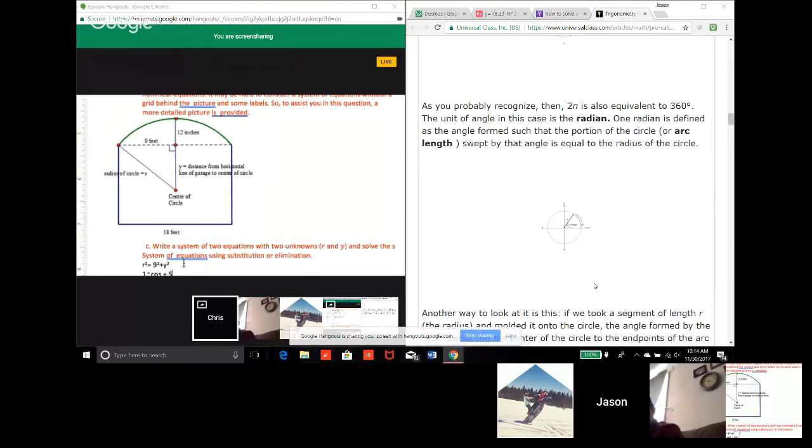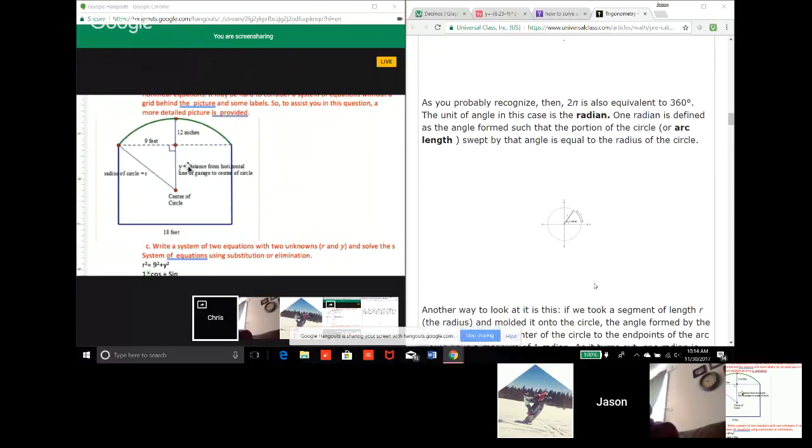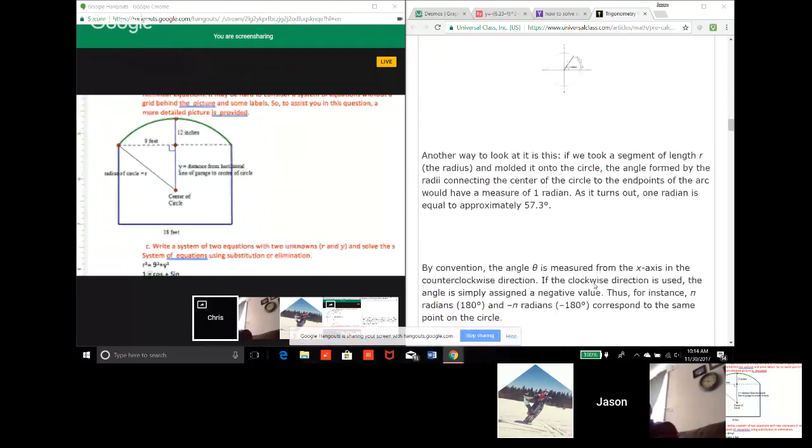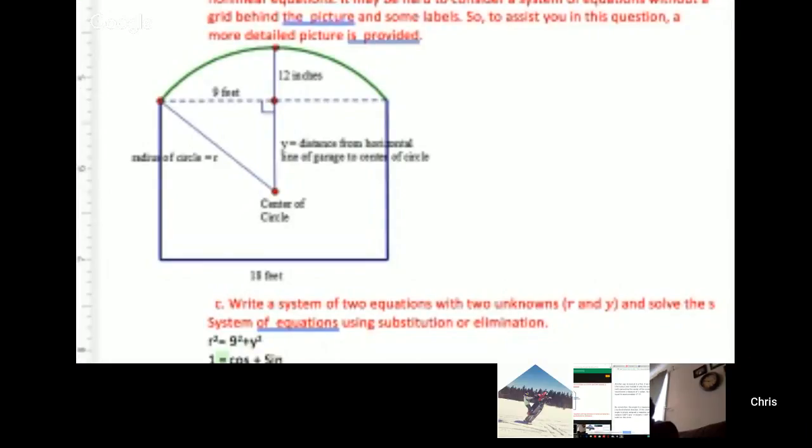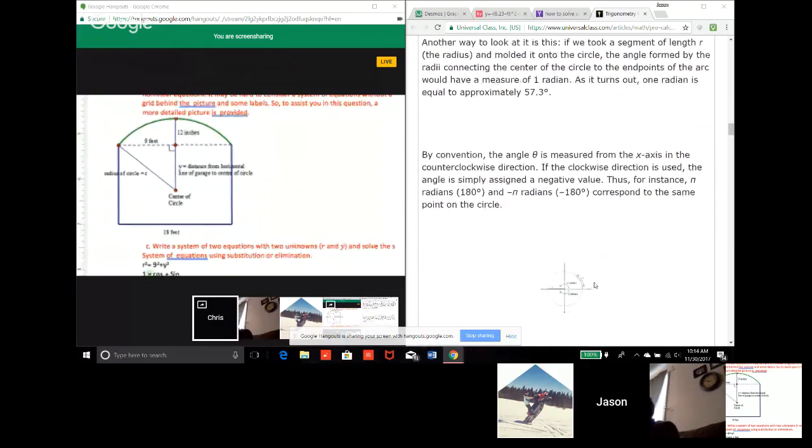As you probably recognize, then 2 pi is also equivalent to 360 degrees. Take a segment of length r, the radius, and mold it into the circle. The angle formed by the radii connecting the center of the circle is 1 radian.